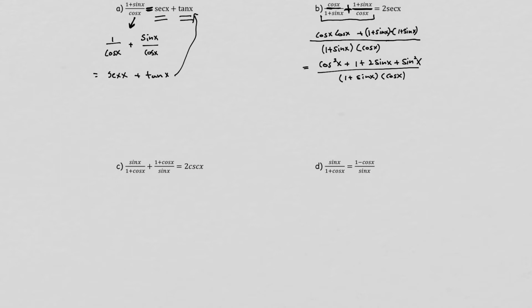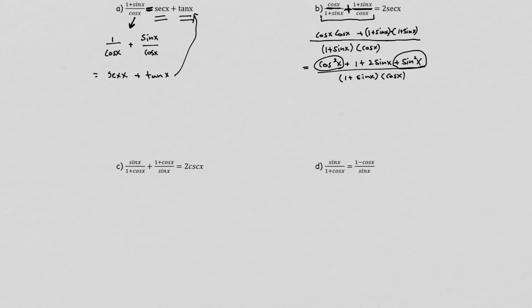And what do you know about the numerator? What I recognize is having cosine square x plus sine square x. This is a Pythagorean identity, which is going to be equal to 1.